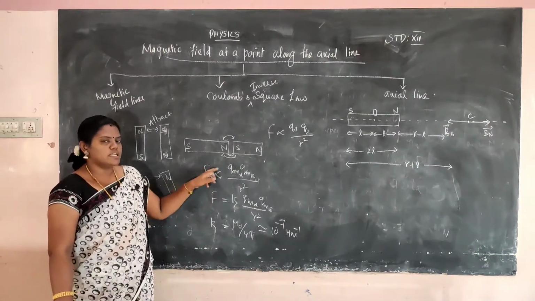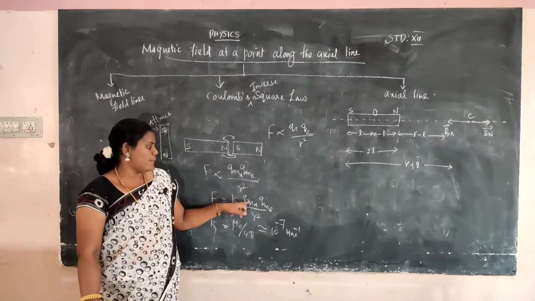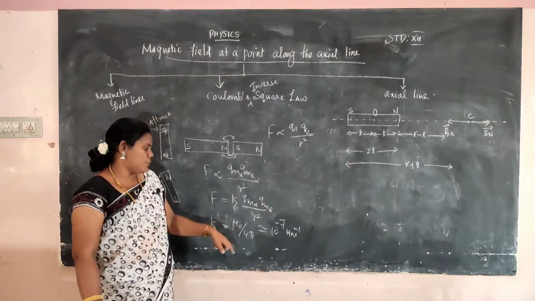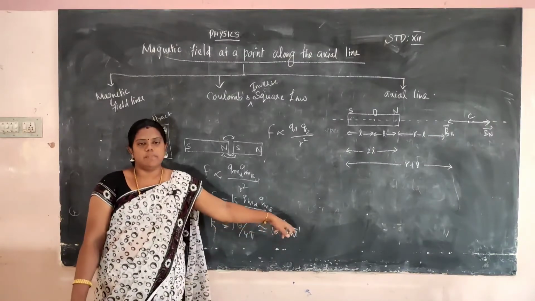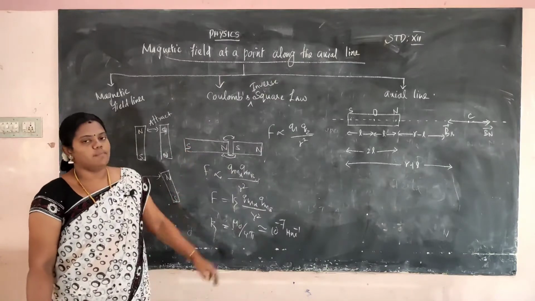The proportionality is removed by adding one constant K, so F equals K QMA QMB by R square, where K is mu naught by 4 pi, equal to 10 power minus 7 Henry per meter. This is Coulomb's inverse square law.